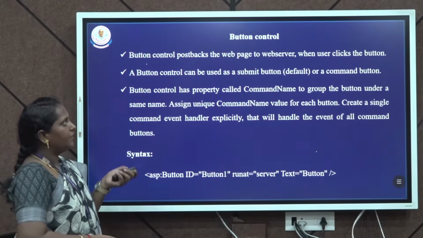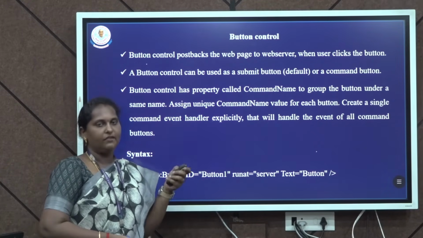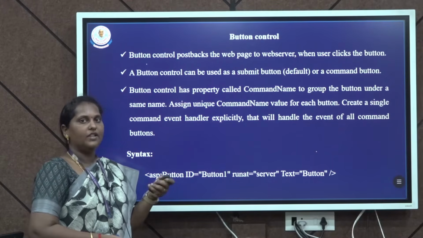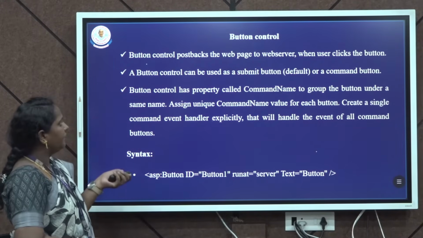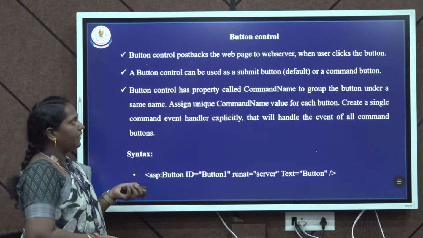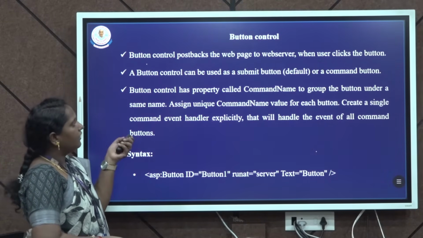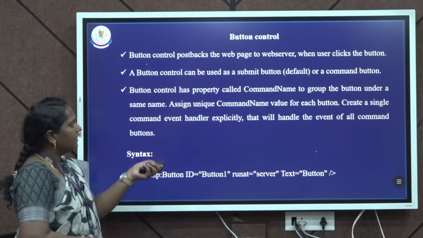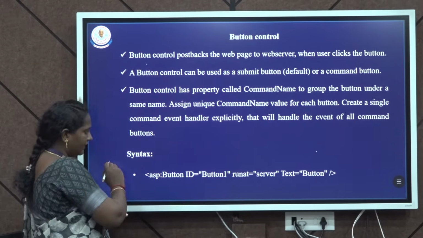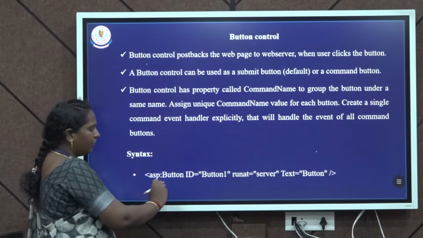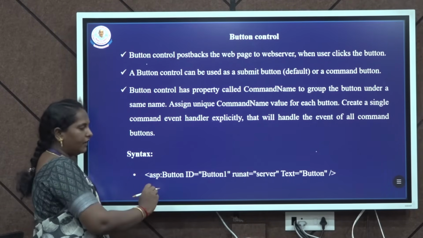We know that if the user presses the button, it will automatically submit the data to the server. It contains some special properties like the command name property, so that we can group the command buttons under a single name.